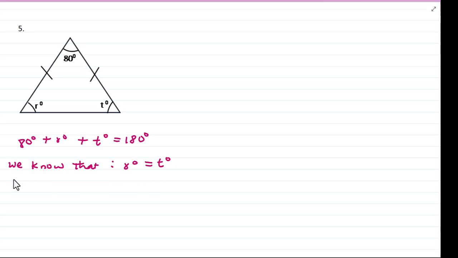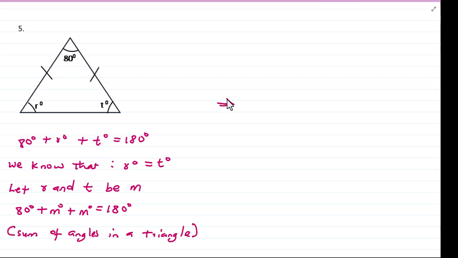You can say let r and t be x or m, could be m, since they are exactly one thing. So we can have that 80 degrees plus m plus m, that is m degrees, is equal to 180 degrees. Reason being because sum of angles in a triangle is equal to 180 degrees.